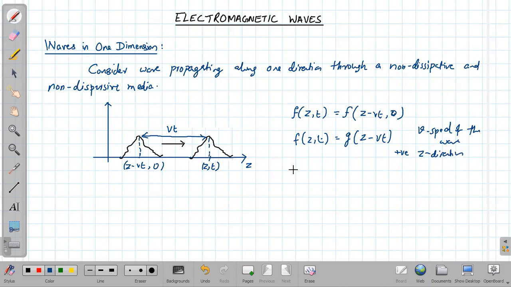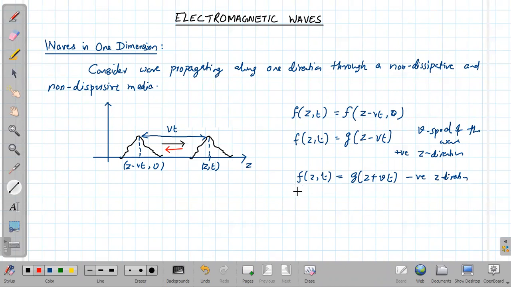So what should be the functional form of the wave if it is propagating in the negative z direction? Obviously it should be equal to g of z plus vt. If the wave is propagating in the opposite direction, then the function at z,t must be equal to the function at z plus vt.